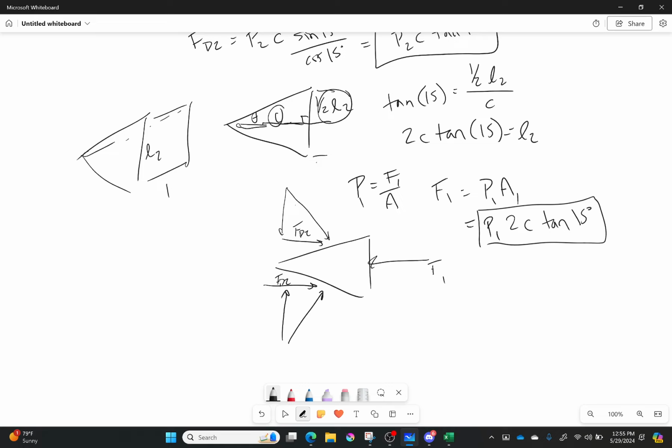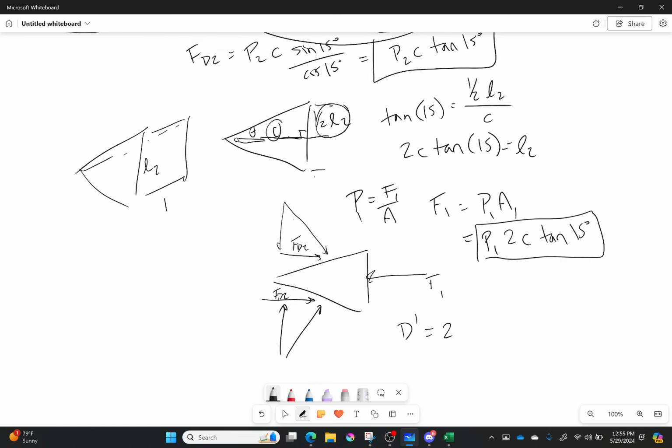So I've got 2 force drag 2s, right? So D prime is going to be equal to 2 times force drag 2, which we have an equation for. That's P2 C tan of 15 degrees. That looks good. And then in the other direction, I have P1 C tan of 15 degrees. Okay. I like it. That looks good.